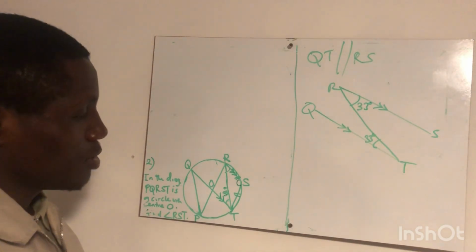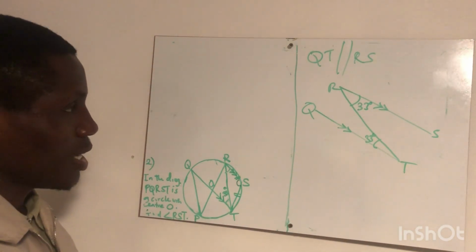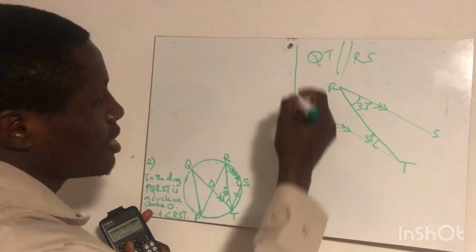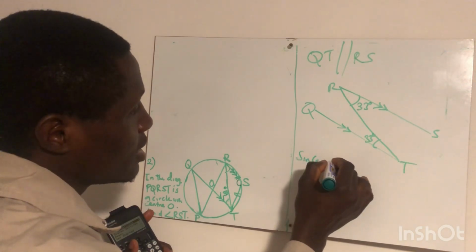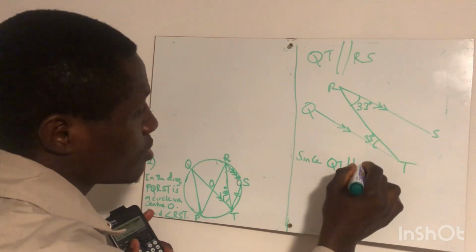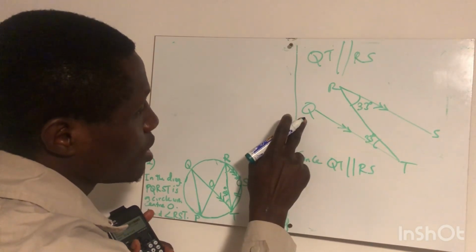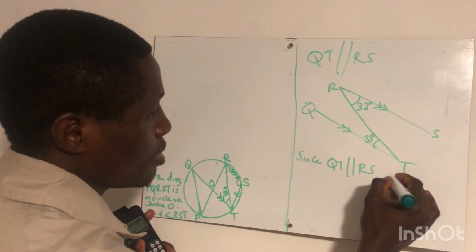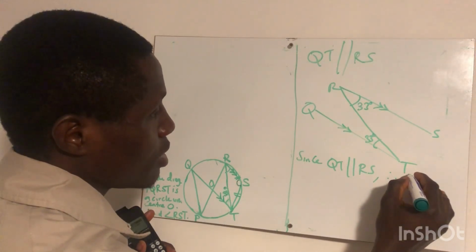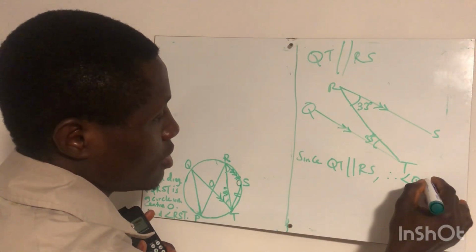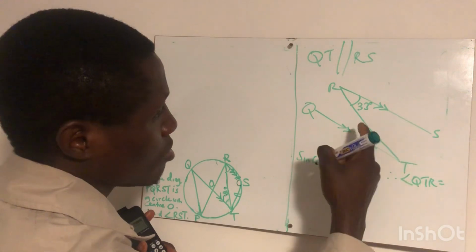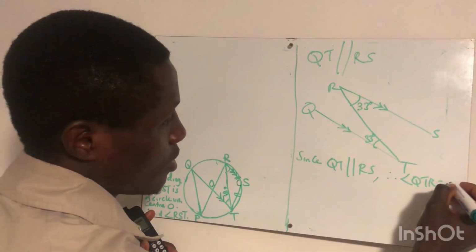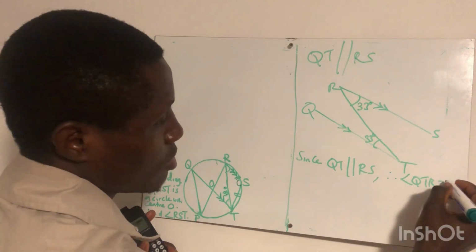So that's the first thing you need to tell the examiner: since line QT is parallel to RS, definitely angle QTR is equivalent to angle TRS or SRT, whichever you want to call it.